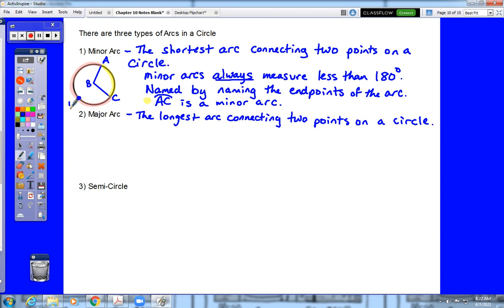When we name those, we have to have a third point on the circle. Okay? Major arcs always measure more than 180 degrees.